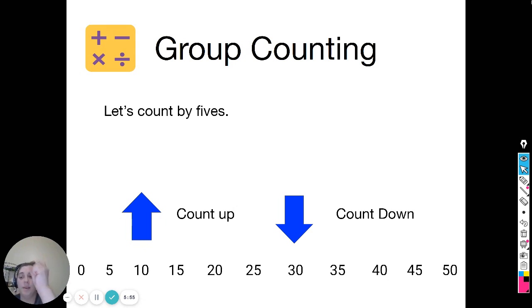Ready? 5, 10, 15, 20, 25, 30, 35, 40, 45, 50, back down, 45, 40, 35, 30, 25, 20, 15, 10, 5, 0.